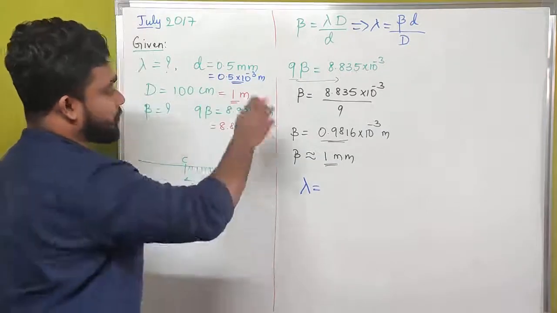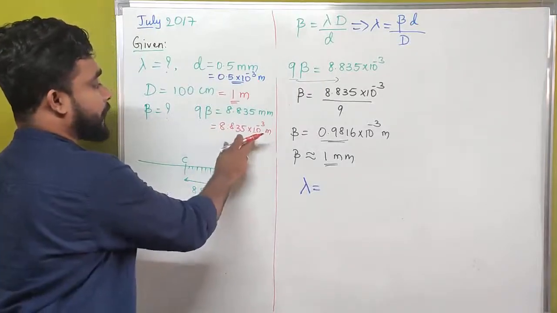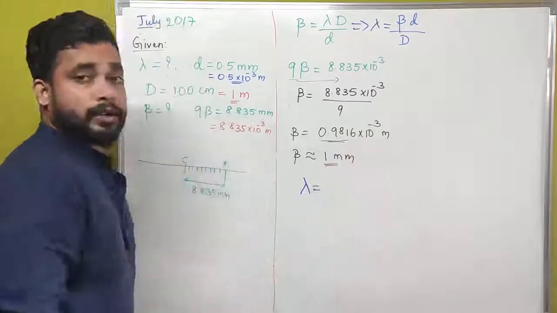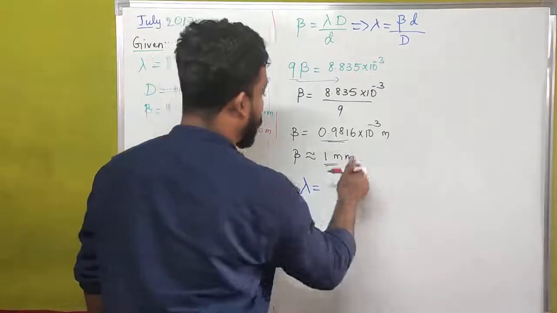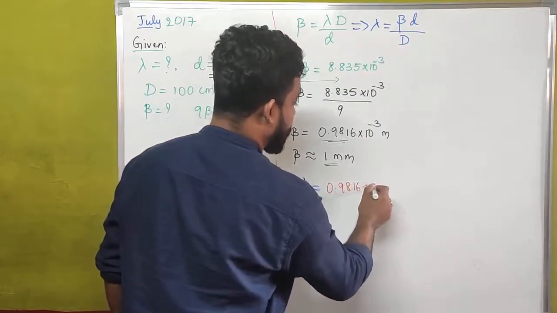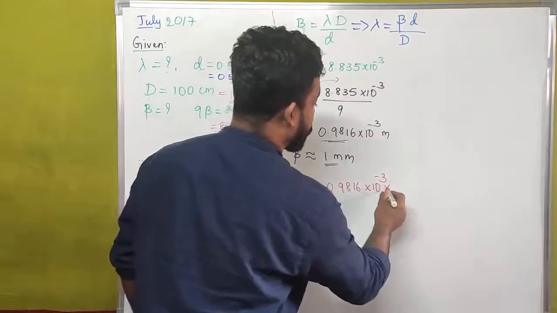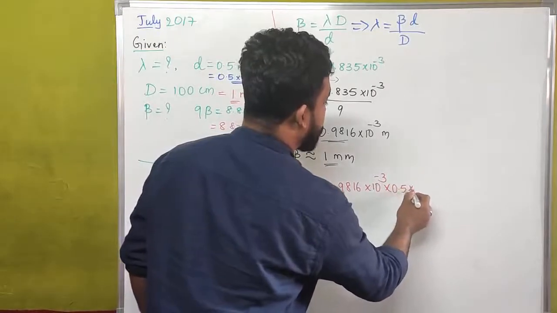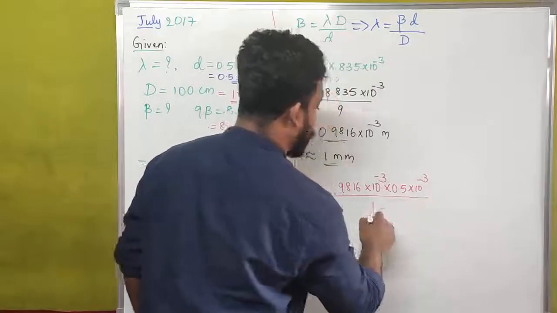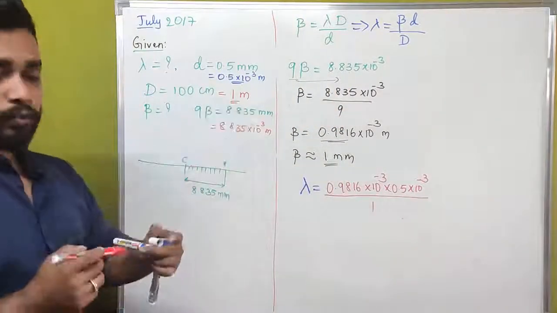If we substitute the values, beta is equal to 0.9816 into 10 to the power of minus 3, and small d is equal to 0.5 into 10 to the power of minus 3, whole divided by 1, because the value of capital D is equal to 1 meter.